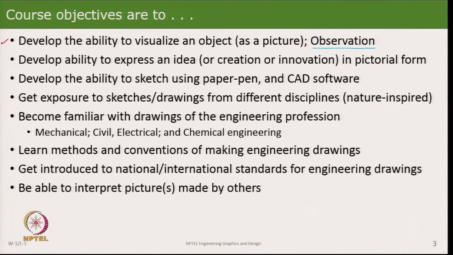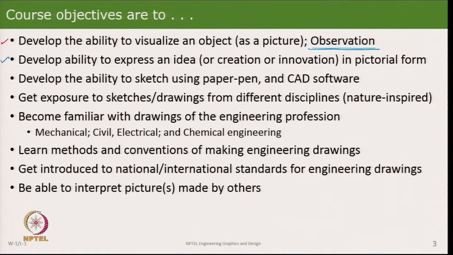It could be nature, it could be an engineering object, it could be anything. But the idea of observation here is that we see things around us. We think about it, and one of the things we can do with it is make a sketch.